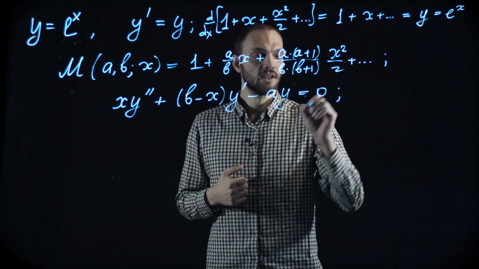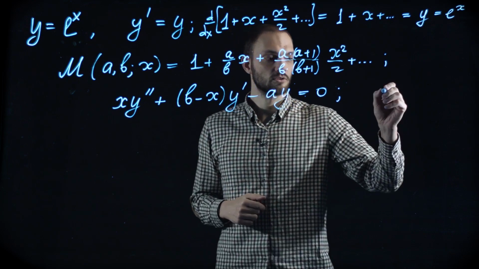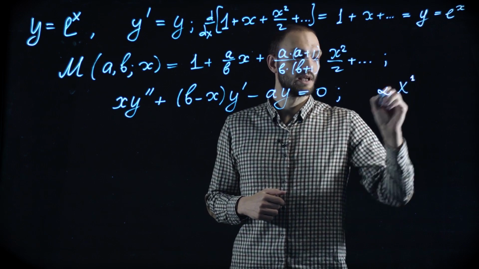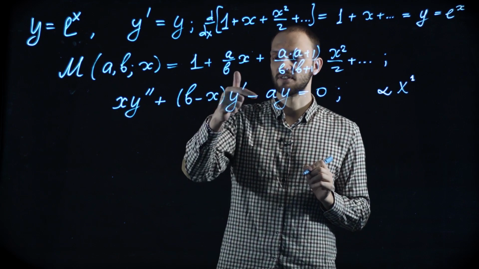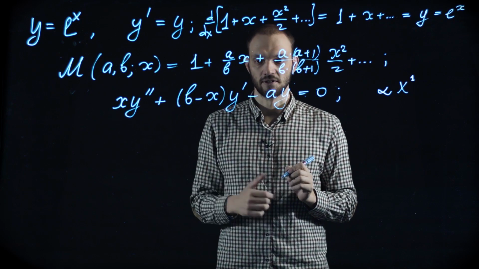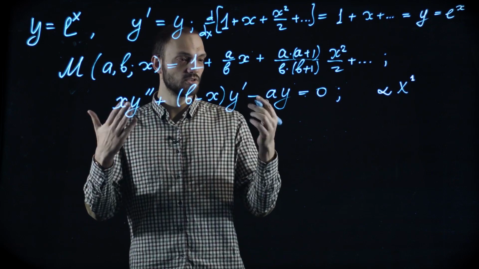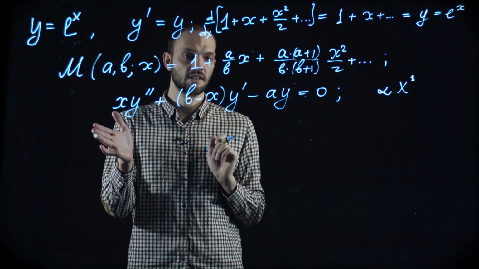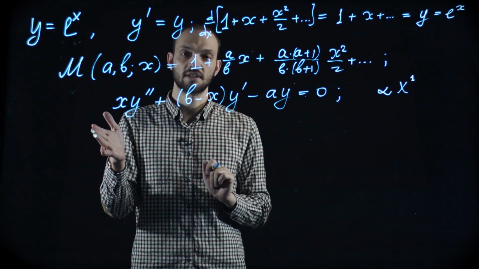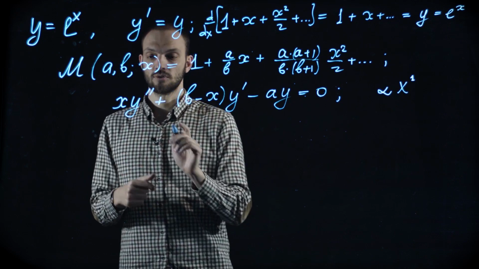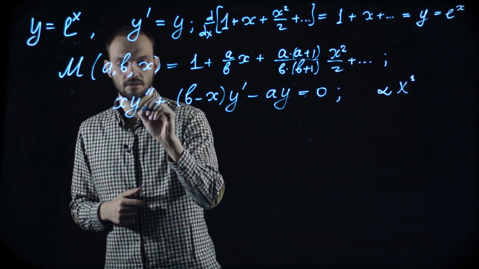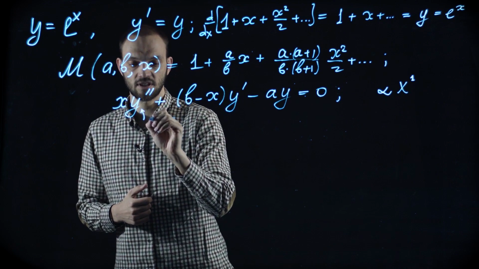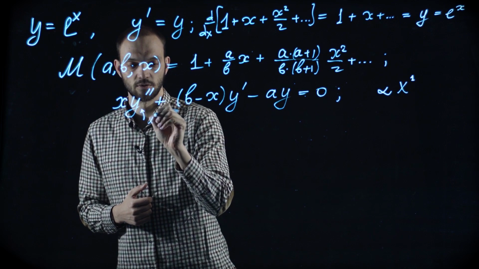Let us, for example, check that a term proportional to x in the first power in this equation, after this series is substituted, does indeed vanish. So let us check, first of all, how do we obtain in this left-hand side terms which are proportional to x to the first power. In order to get it, from the second derivative, we must extract terms proportional to x to the zero power.